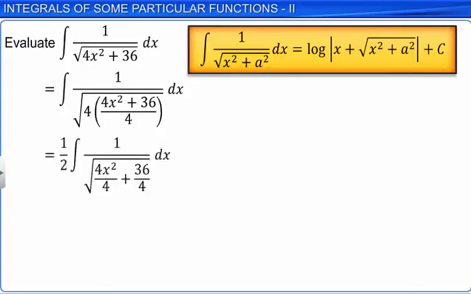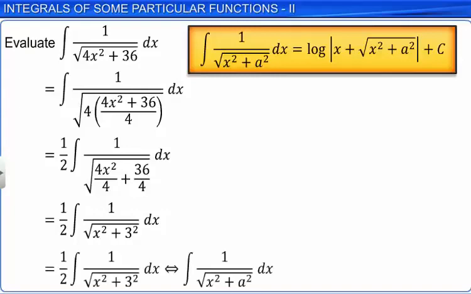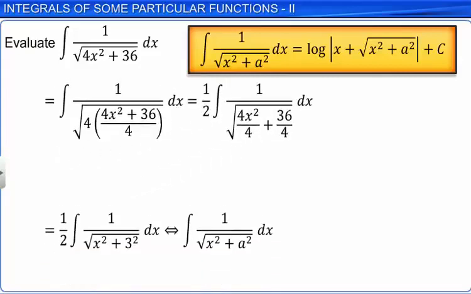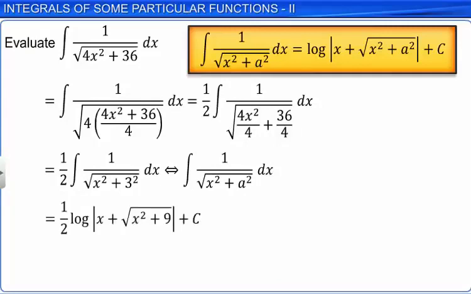On simplifying, the denominator can be written as square root of x square plus 3 square. Now, the integral is in standard form. Using the formula, the solution of the integral is equal to 1 upon 2 log x plus square root of x square plus 9 plus c.